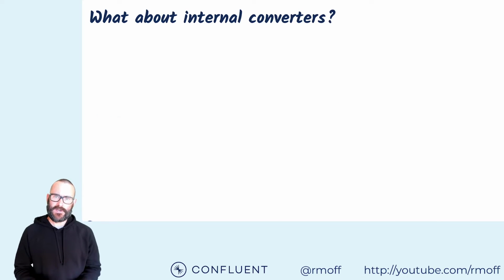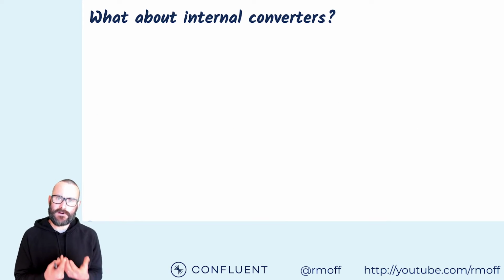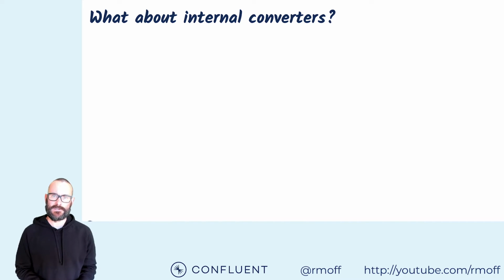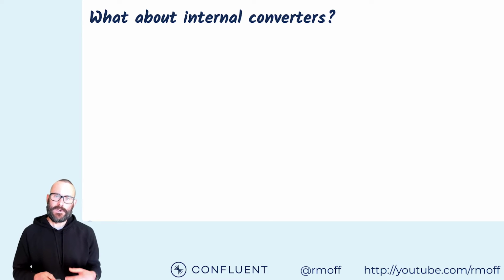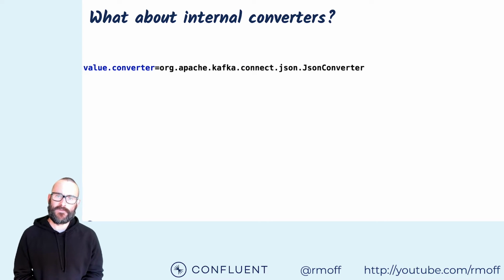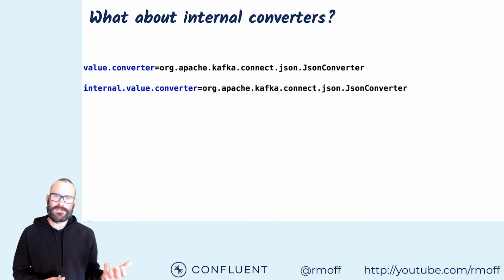Now, in previous versions of Apache Kafka, there was a configuration called the internal converters, which was exposed. And this caused lots of confusion and wailing and gnashing of teeth, because people sometimes run into trouble with converters, and so they say, right, I've got a value converter. And then I can see there's also an internal value converter. And things aren't quite working, so I'm going to add in another one.